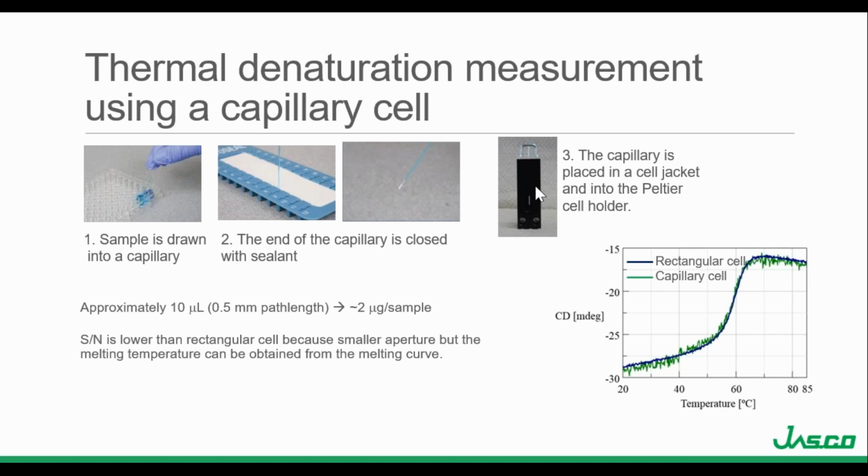It's much smaller than a traditional rectangular cell, so there's less light throughput. However, the overlay of these two curves is fantastic. So you can still get denaturation data using the capillary cell and potentially get thermodynamic parameters off of this study.